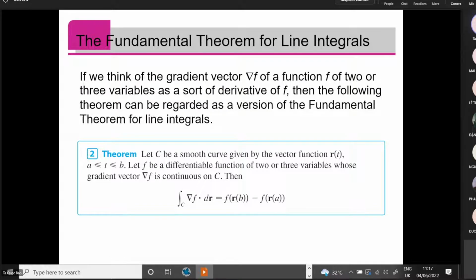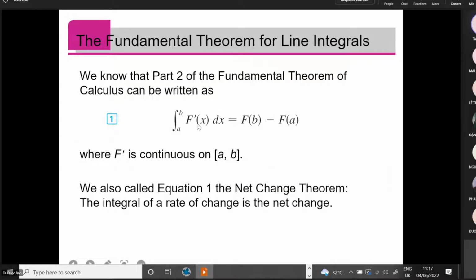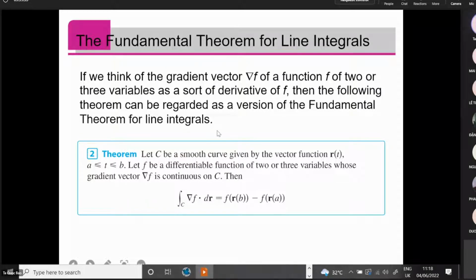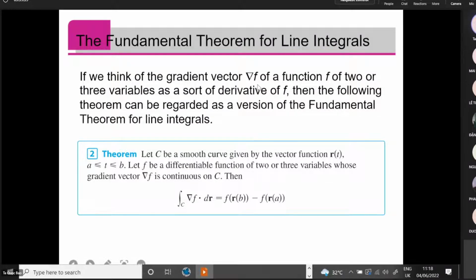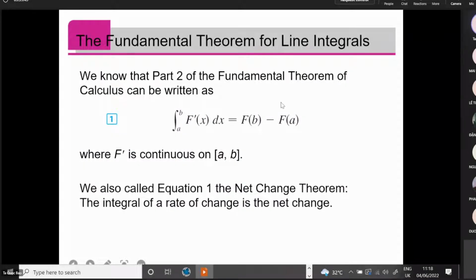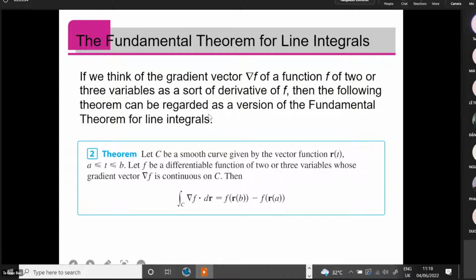And similarly, we think of f being replaced by the gradient vector of f. Okay, the gradient vector of f. Then we also obtain a similar formula. Nó không có cái tích phân của một cái đạo hàm, cái này là nguyên hàm rồi thì được lấy cái này. All right. So now we have a theorem. Let C be a smooth curve given by a vector function r(t), where t is in this interval.